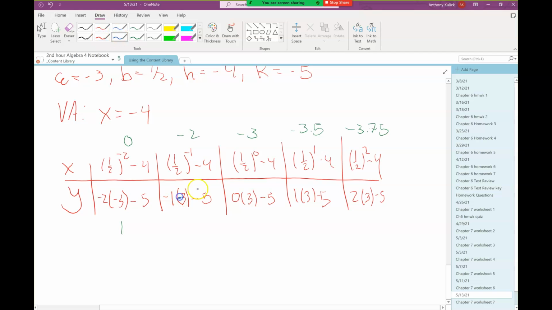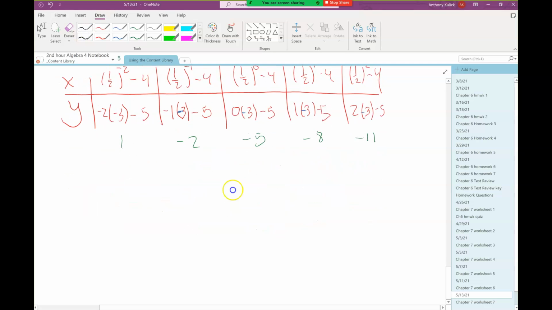Somehow that negative 3 got written down as positive 3 after the first one. Make sure I got that in there. And that should be negative 2. Should be negative 5, negative 8, and negative 11. So then we just need to plot our points, draw our graph, and then do the domain and range part.